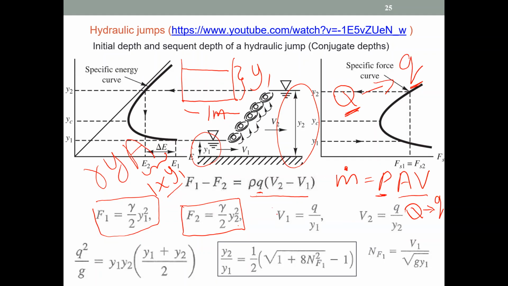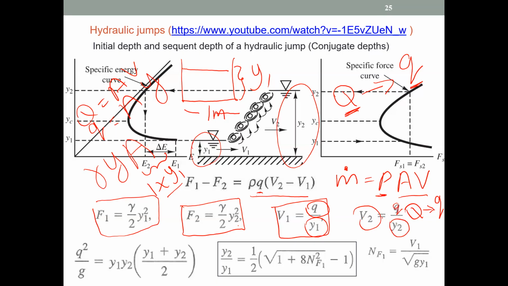Now V1, again, we know that Q is equal to AV. If you are talking about a unit width, Q is equal to the velocity times Y. So we can write this V1 is equal to Q divided by Y1, and V2 you can write as the same flow rate Q divided by Y2.